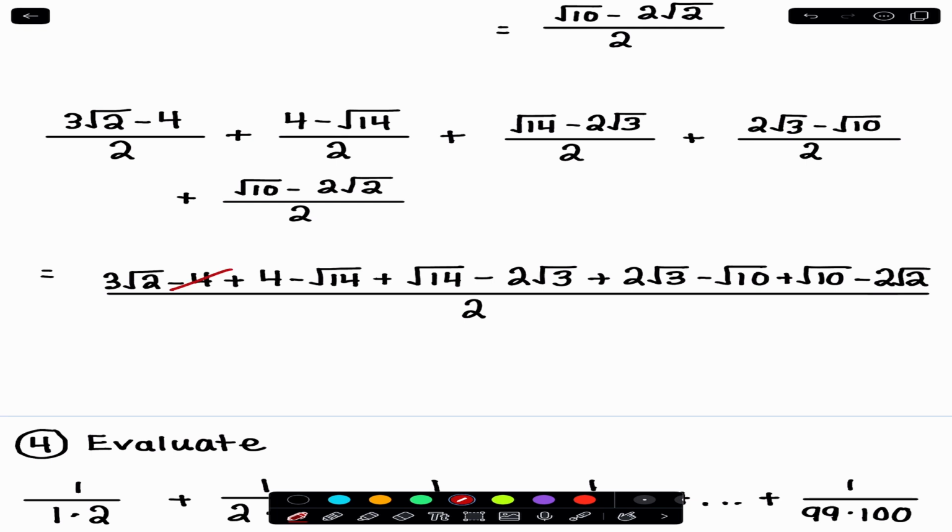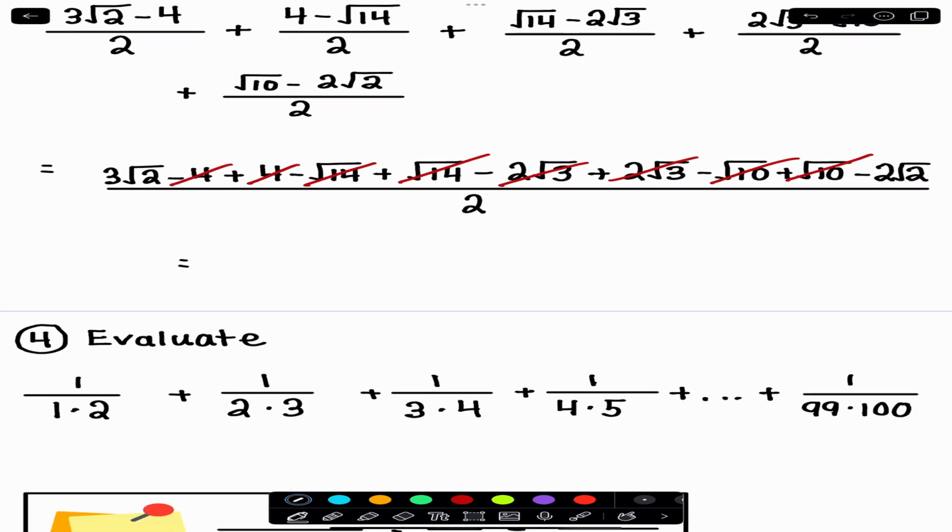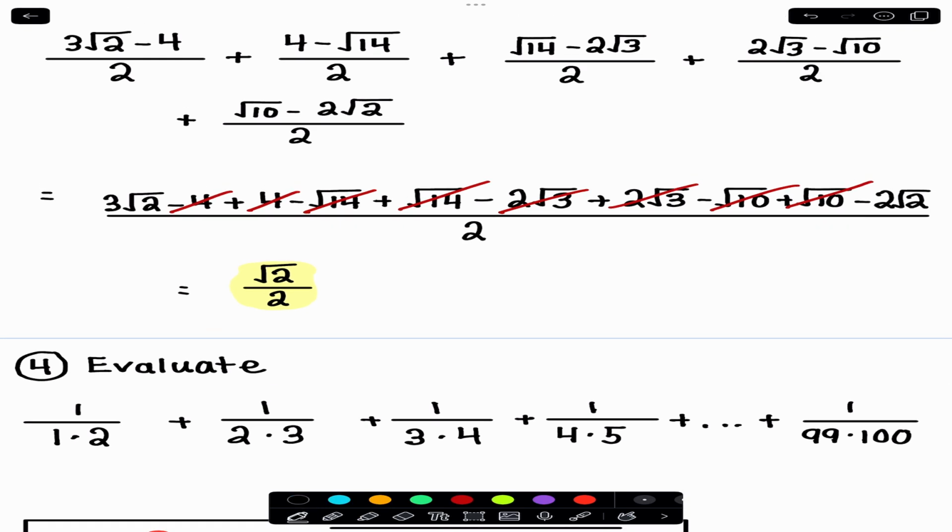So this -4 goes away with this +4. That's a 0, that's a 0, that's a 0. 3 root 2 minus 2 root 2 is just the square root of 2. All of that over 2. So this ends up being the final answer. Okay, square root of 2 over 2.